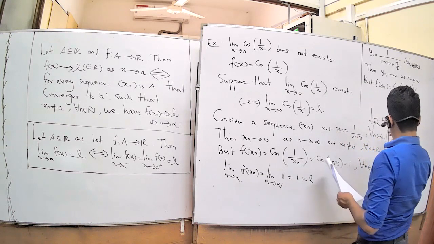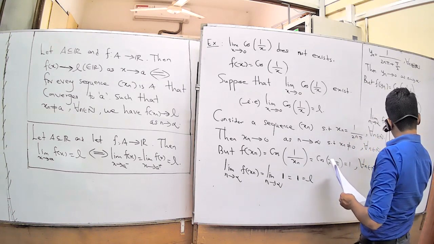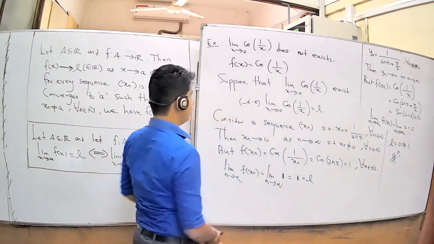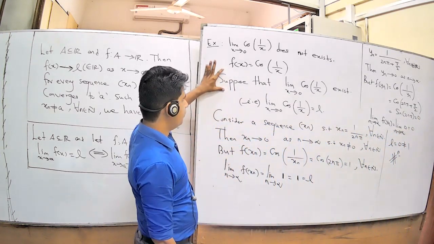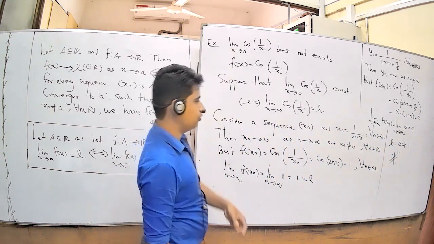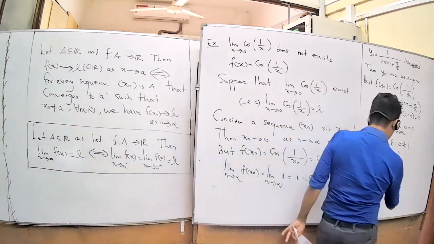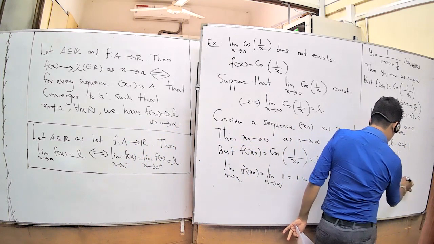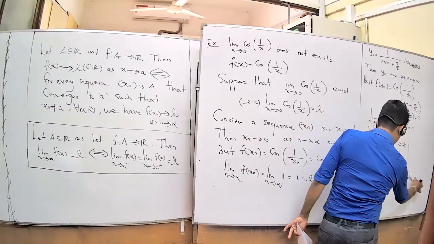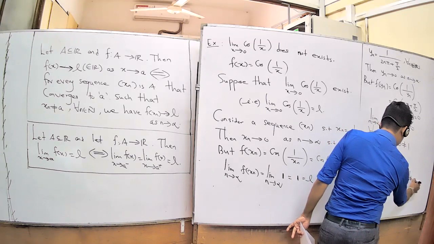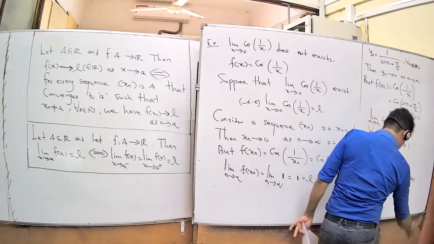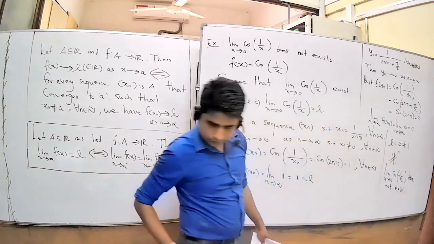Therefore, this is a contradiction, which means our assumption that the limit exists is wrong. That means the limit does not exist. Therefore, the limit as x tends to 0 of cos 1 over x does not exist.